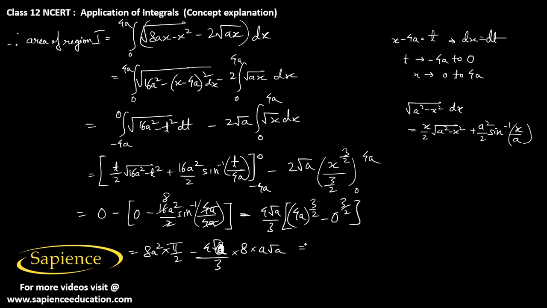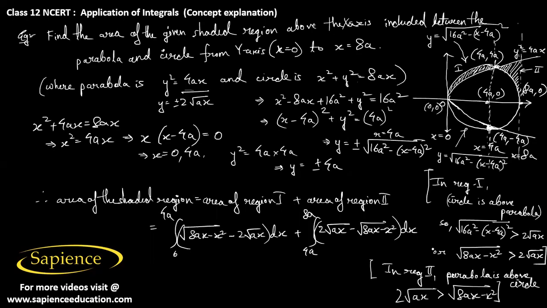So this will be equal to 2 4 is 8, so 4 pi a², then minus 4 8 is 32 by 3 a² units, obviously.